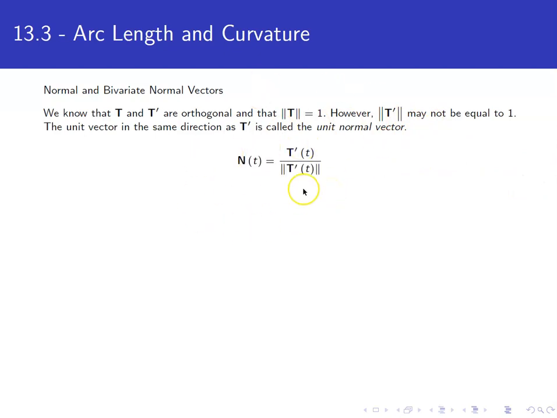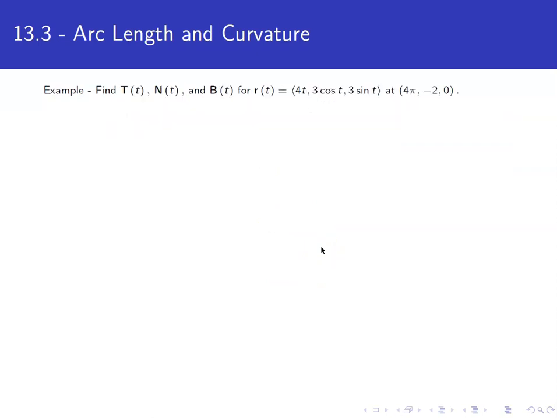So here's its definition. The binormal vector is the vector that's orthogonal to both T and N, found by taking the cross product of the two. So let's see if we can find these three for a specific example at a particular point.